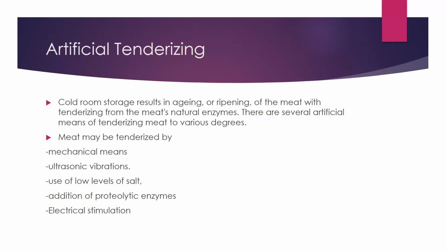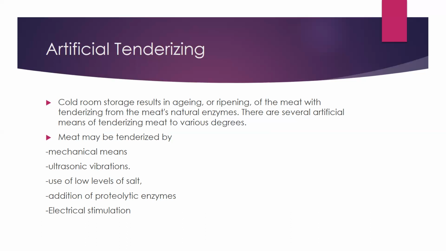The carcass is hung so that the muscles are stretched and elongated. Thinner muscle fibers are encouraged. Another method is the use of ultrasonic vibrations. Meat cuts can be tenderized by pounding, cutting, or separating and breaking meat fibers with the help of ultrasonic vibrations.